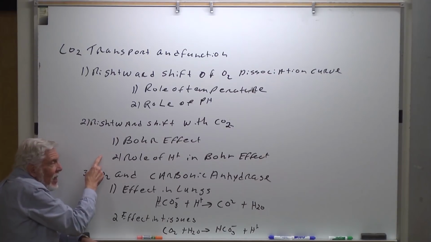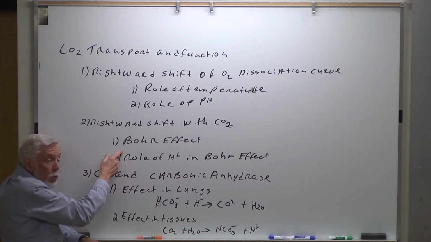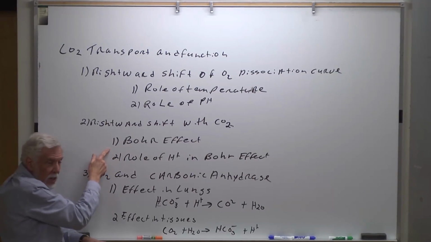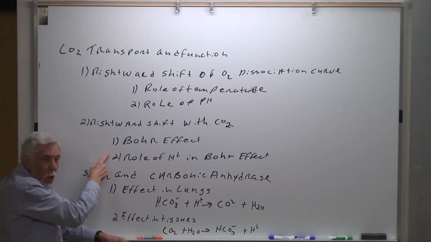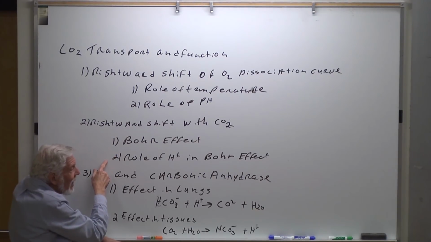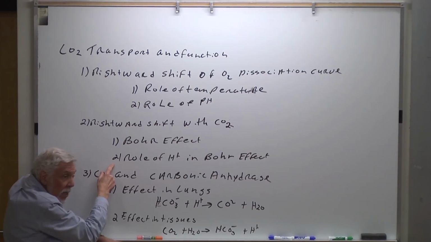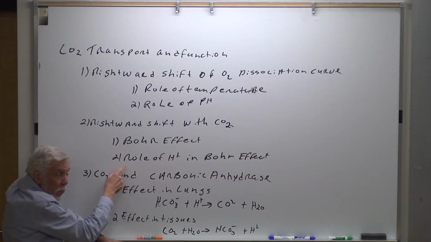Now, in the latter part of the 19th century, there's a guy named Christian Bohr. And he figured this out. He was a Dane. He was, in fact, the father of Niels Bohr, who was the father of quantum mechanics. But Christian Bohr was the first to recognize that if you lowered the pH in blood, that reduced the affinity of hemoglobin for oxygen.